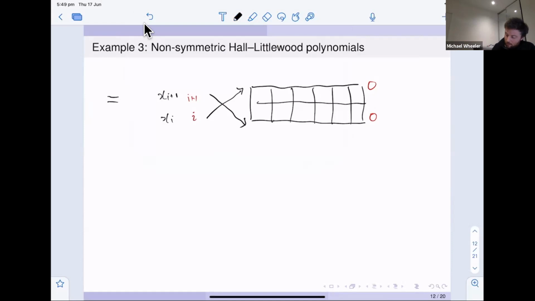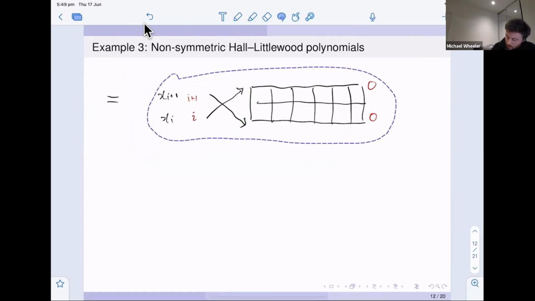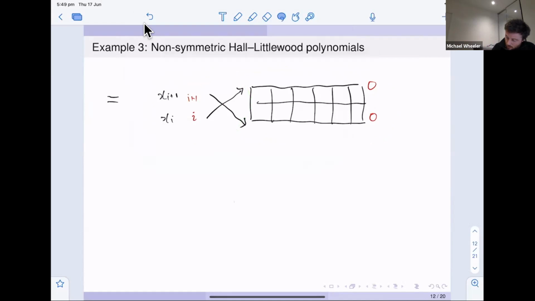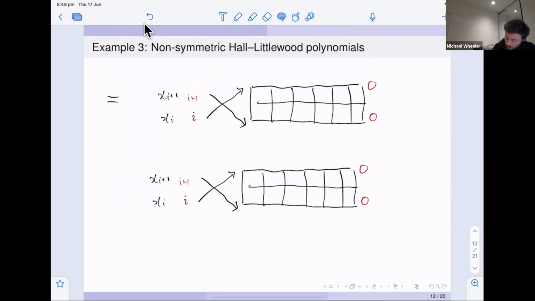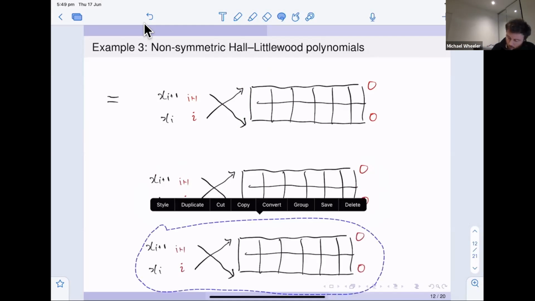The end of the argument is now to look at what can happen at this vertex here. For this vertex, you find that there are two possibilities. I'll put them here. This is the first one, and this will be the second one. So this is equal to this plus this.